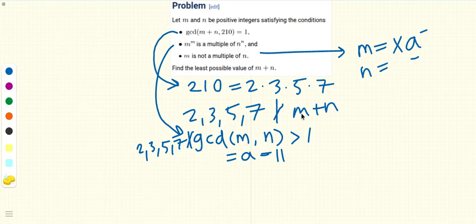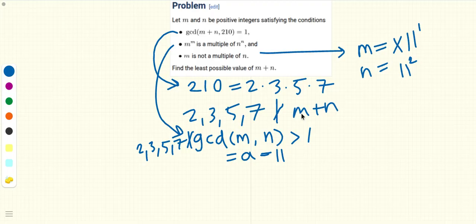So m is x times 11 to the power of something, and n is 11 to the power of something. And since we again want to minimize it, we'll make the exponents minimum too, so that the exponent of n is still greater than the exponent in m. So then we'll just say 1 and then 2.